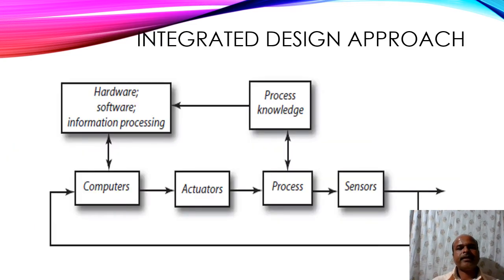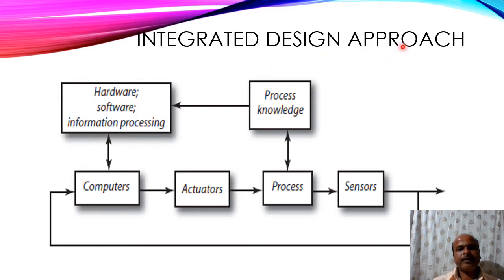Then integrated design approach. This is a subtopic of this chapter. In W. Bolton's book definition of mechatronics, there is an integration of mechanical, computer, electrical, then IT or IoT. So the integrated design approach is very important.